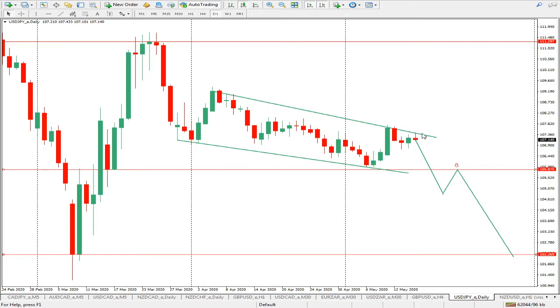If it bounces off from this point, expect it to proceed down, and it should break below that level, retrace back, then continue downwards. If it breaks above, it should retrace down and then continue up to the resistance, something like this. If it breaks above, then we are simply going to wait for retracement, like that.